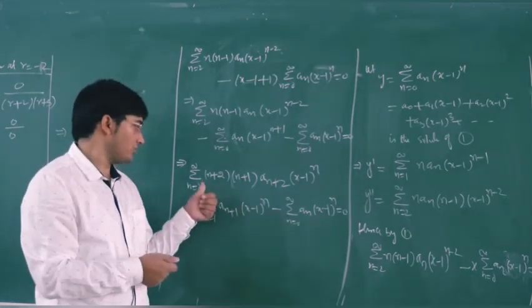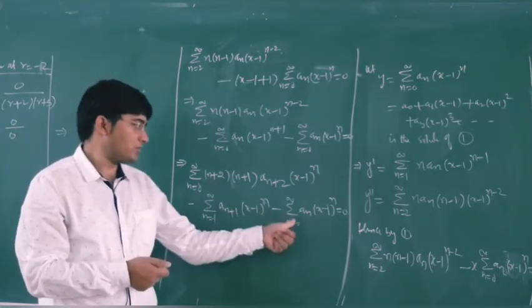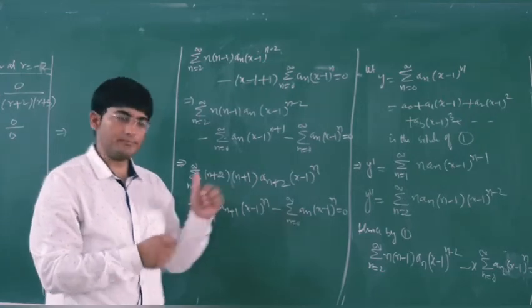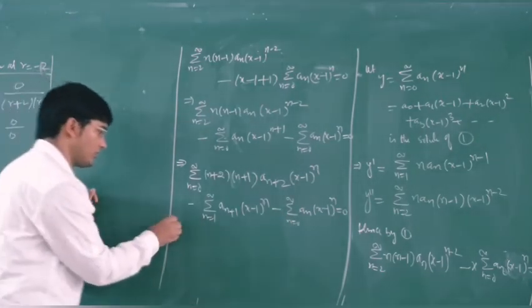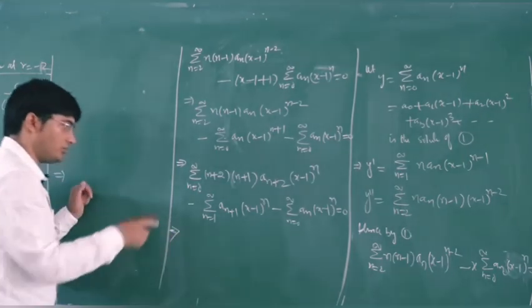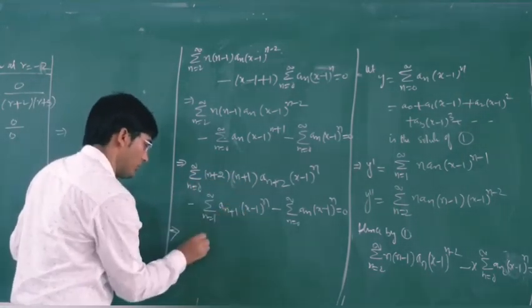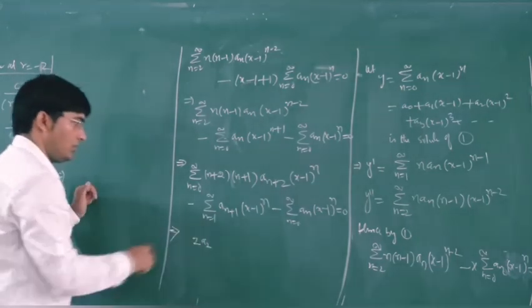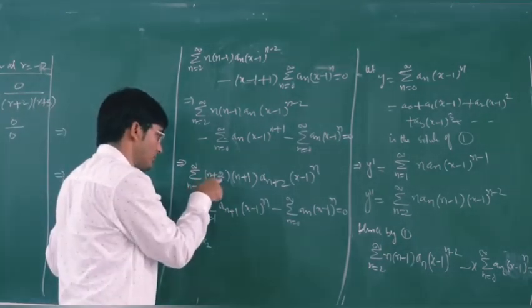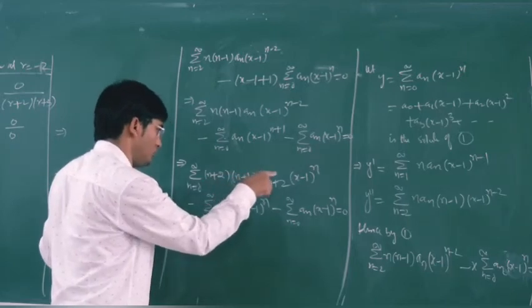Then you can see that your summation will start from 1 here, and again your summation will start from 1. So if you take the n equal to 0 term out, then we will get 2 into 1, this means 2, this will be your a2. So we have 2 into a2.